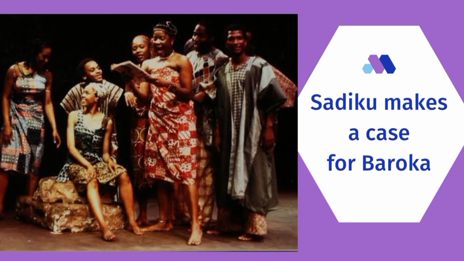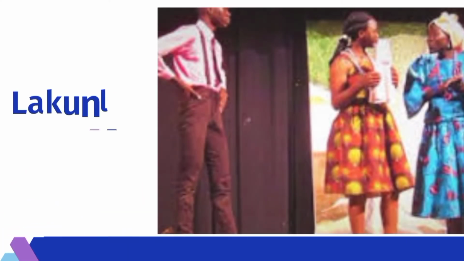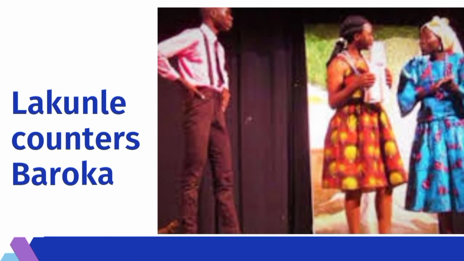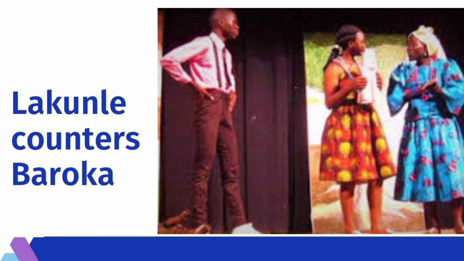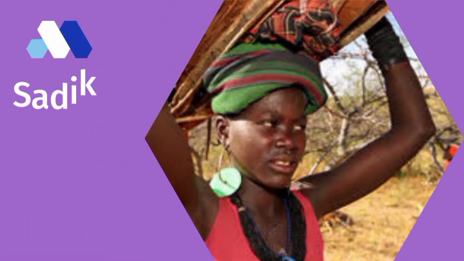While Sadiku was trying to make a case, Lakunle on his part counters every move that Sadiku is projecting on behalf of the husband, Baroka. Lakunle sees Baroka as too old for Sidi, and he made this position known.